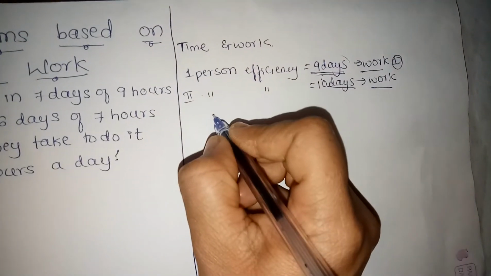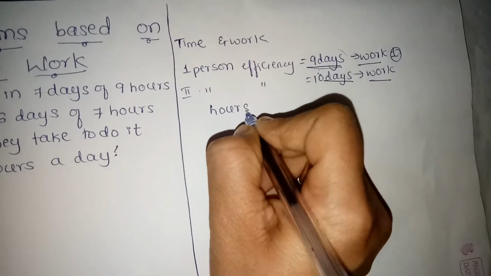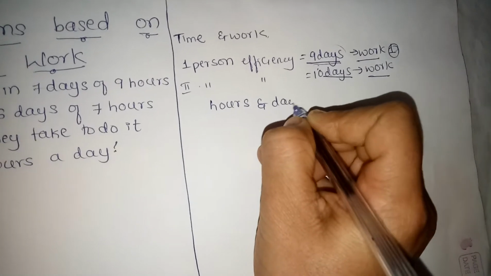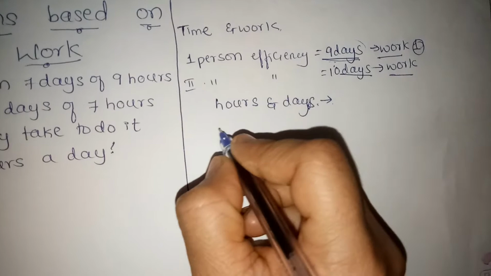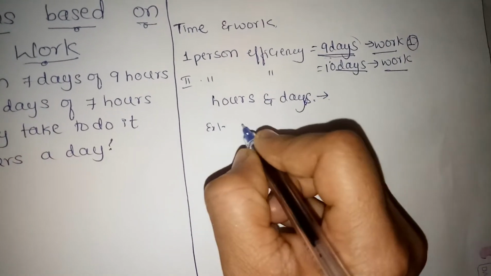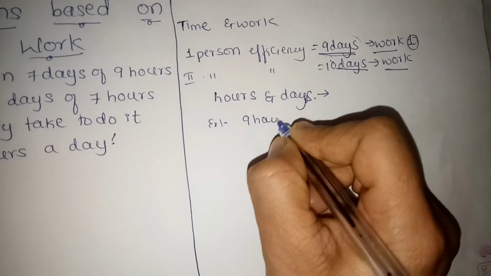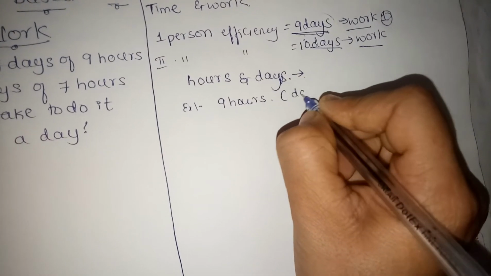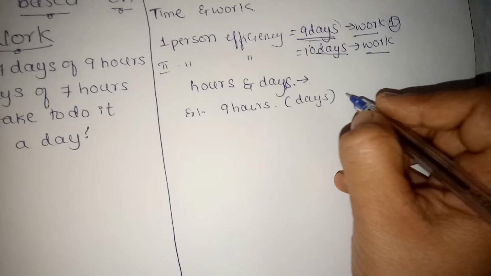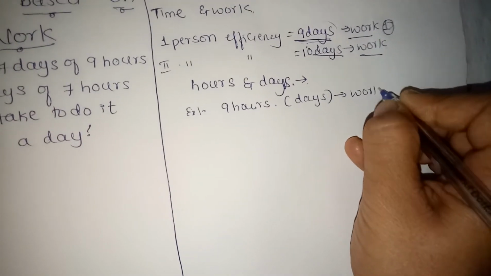In the same way, hours and days can be taken together. For example, if a person is going to work only 9 hours, then in how many days can he complete the work?